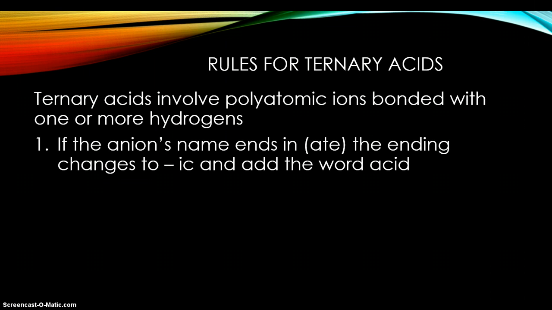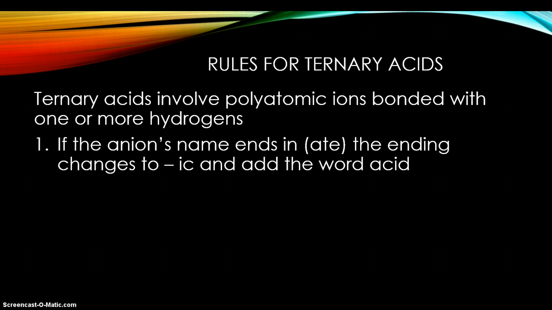Something like chlorate or carbonate or phosphate or phosphite or sulfite. So anything that ends in -ate, the ending changes. Instead of -ate, it's going to change to -ic, and you're going to add the word acid. So you're not even going to do hydro this time around. It's just going to be understood that it's an acid.